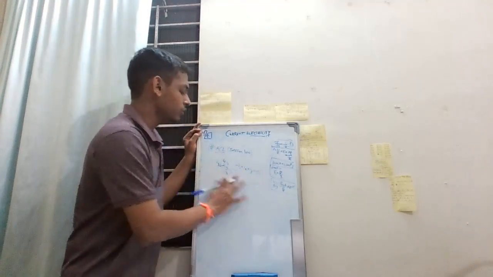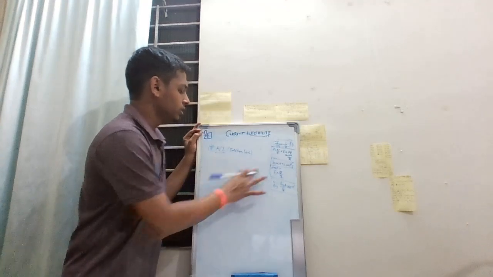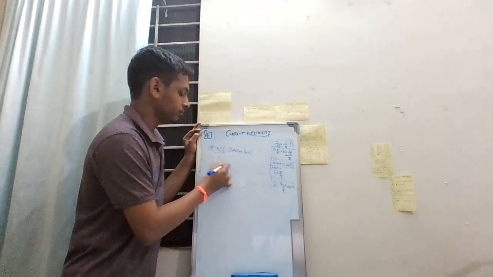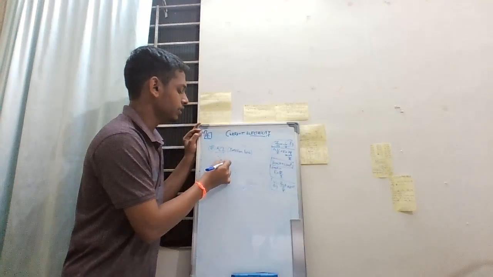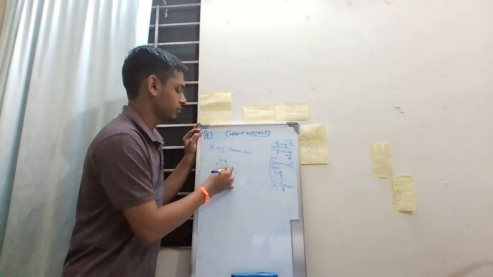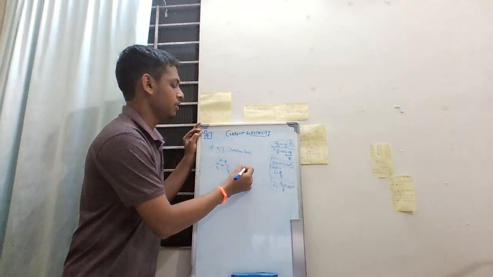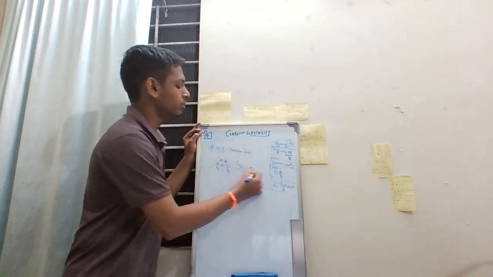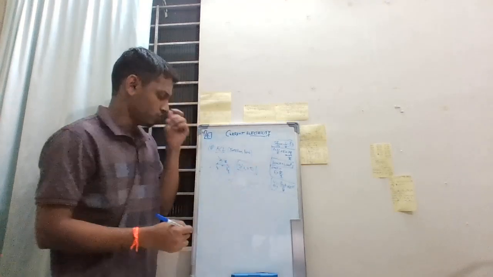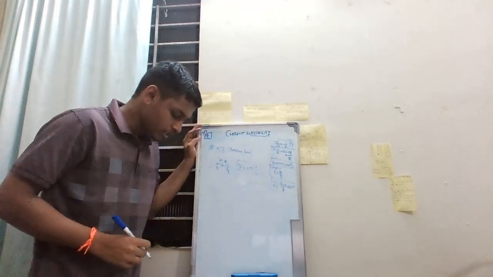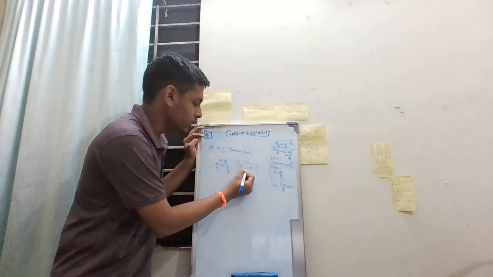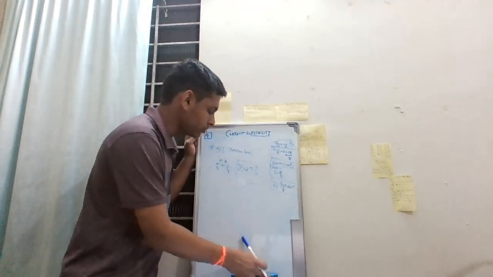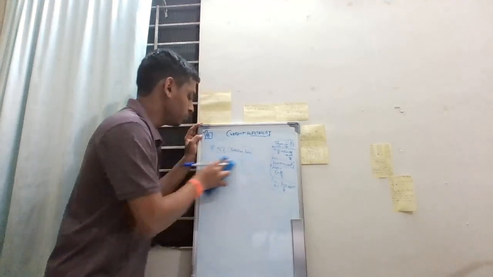So basically for a circuit, sigma I out equals 0. Now we will solve some examples to know it more.